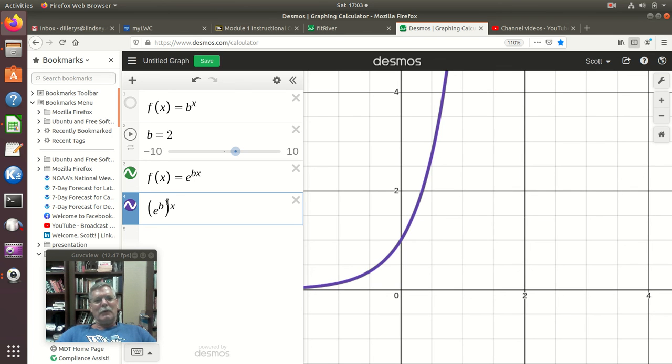Okay, so here this e to the b is our b here. It's our whole base. So yeah, that's kind of a pain. It can be a bit confusing. We aren't going to mess with that very often.